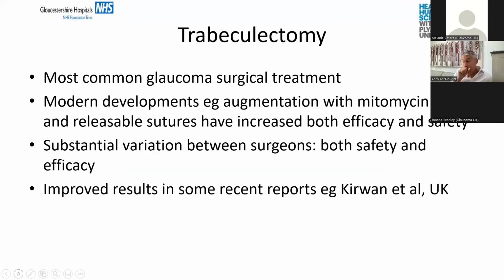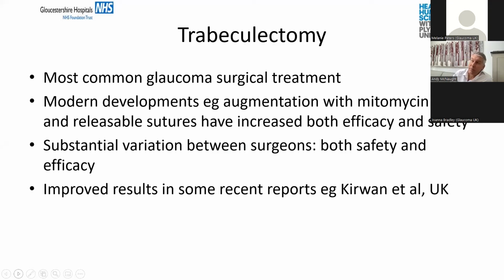So going on to surgery that doesn't involve the laser, that does involve going to the operating theatre and having microsurgery under the microscope. Still the most common glaucoma surgical treatment is called trabeculectomy. It's been around since the 1980s, but it's a much better operation now because the technique's been improved with the use of mitomycin C, which is an anti-cancer drug.